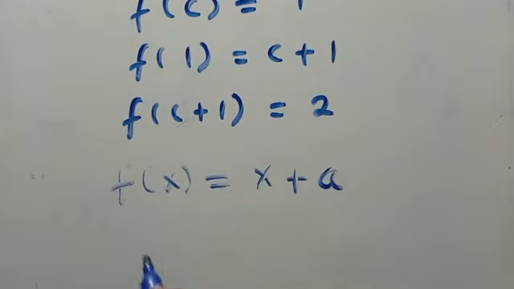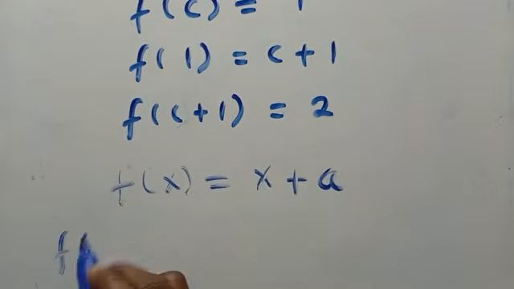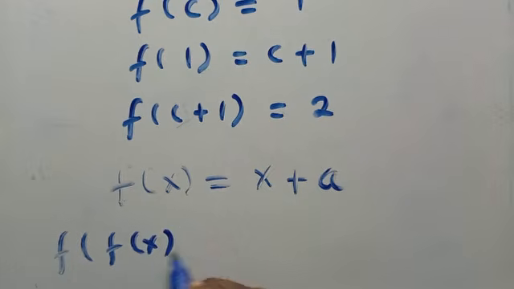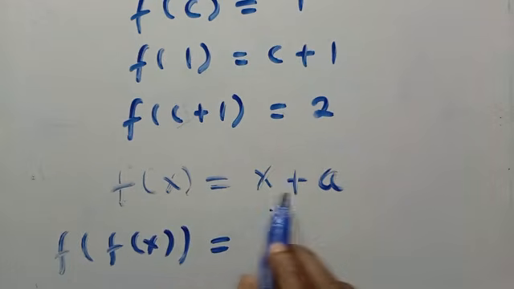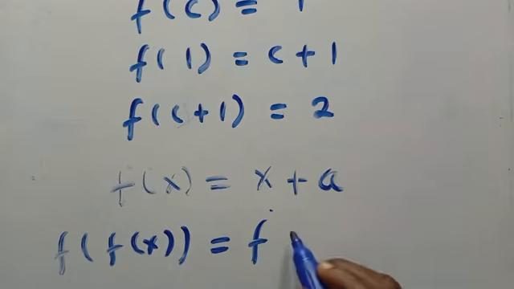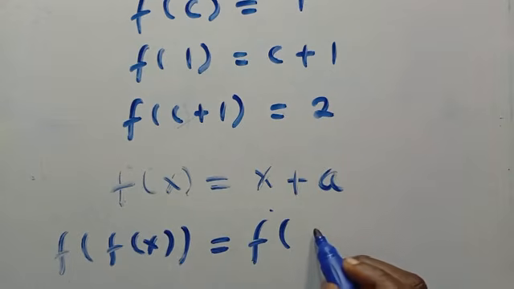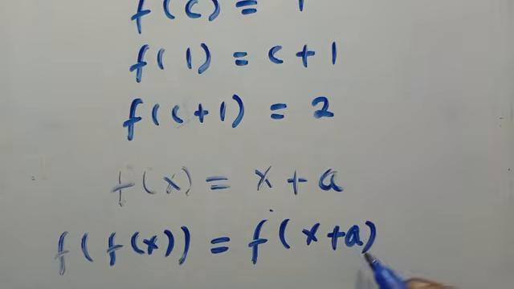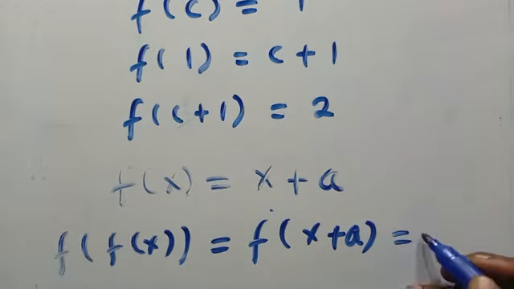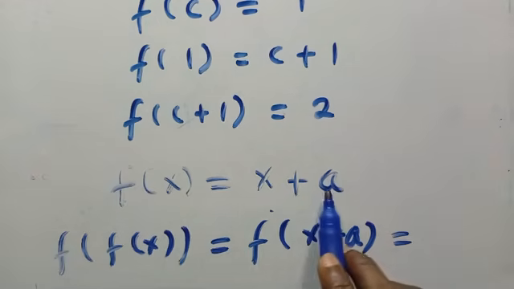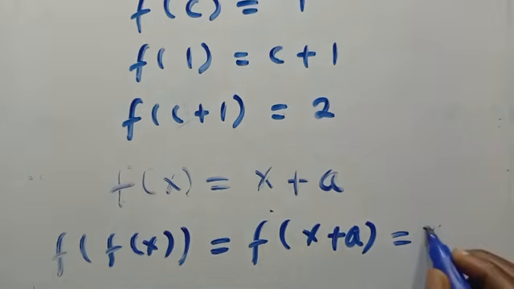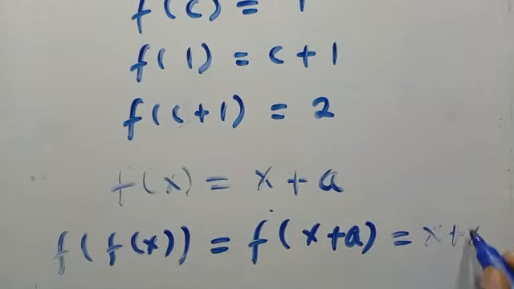And recalling back from the first equation, we are going to have f of x. Since we have changed f of x to x plus a, we have this as f of x plus a, and initially f of x is x plus 1, so we have changed that one to x plus a, and here we have a as a constant, so we get this one as x plus a.